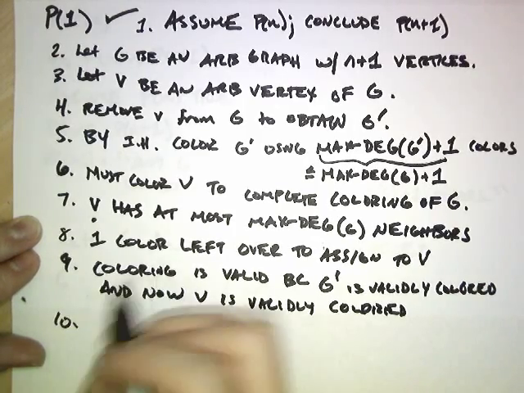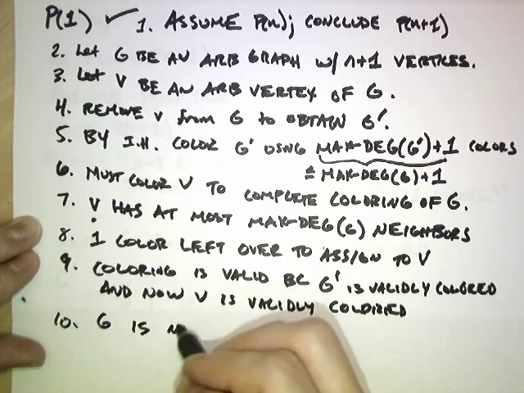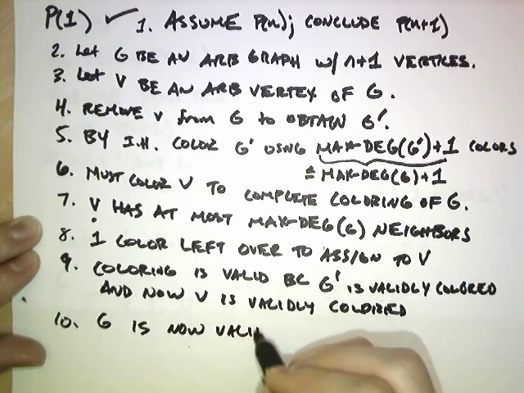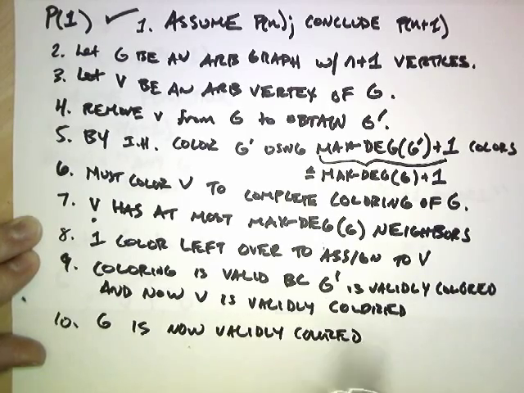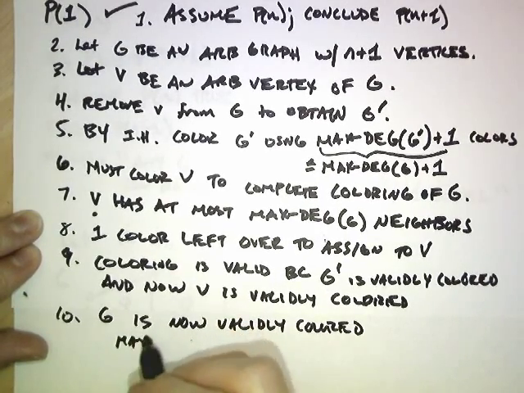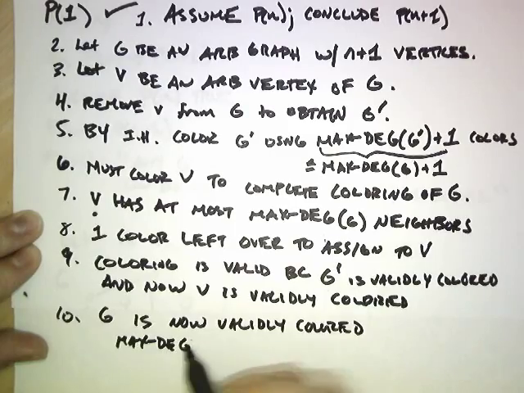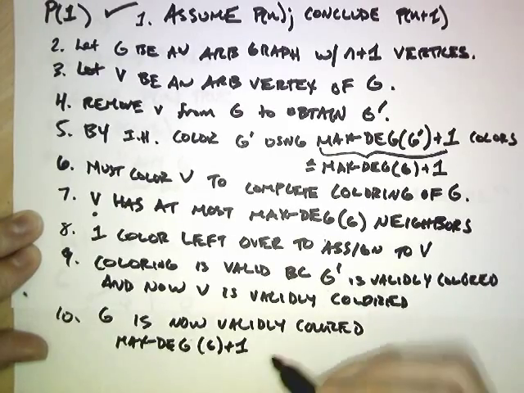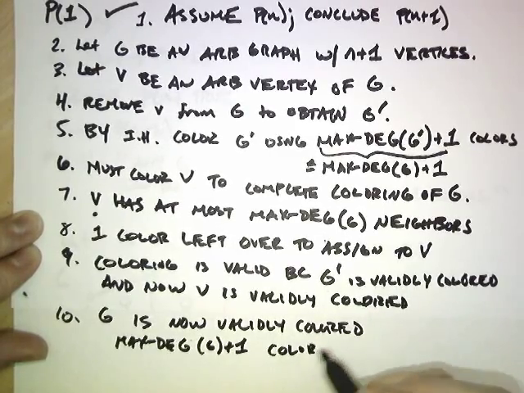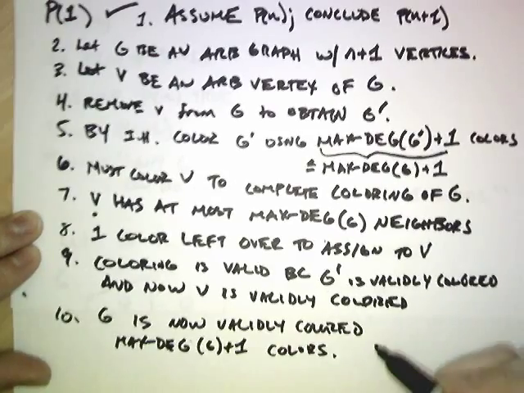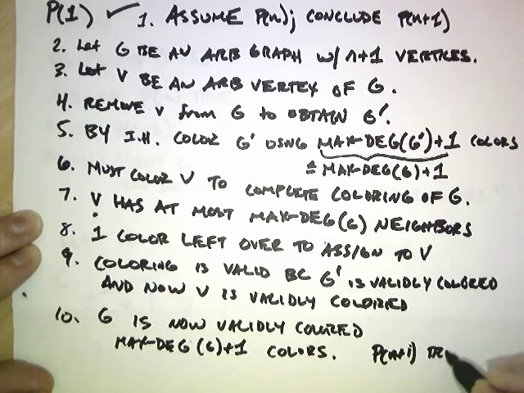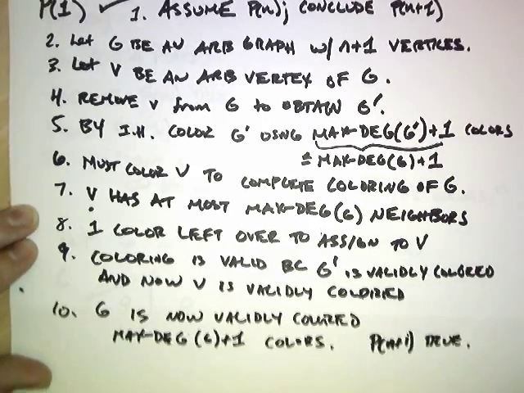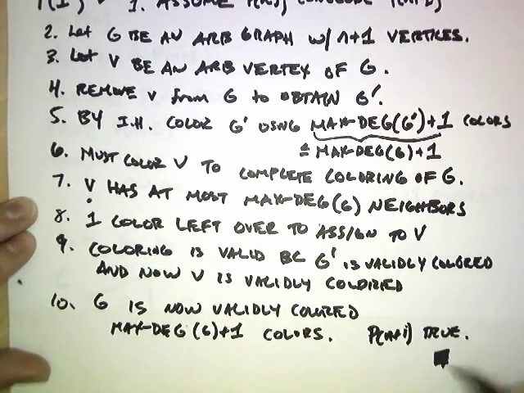So therefore, G is now validly colored. And we've used still max degree of G plus 1 colors. Therefore, P of n plus 1 is true. And this completes the proof by induction.